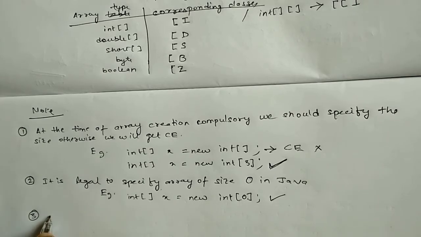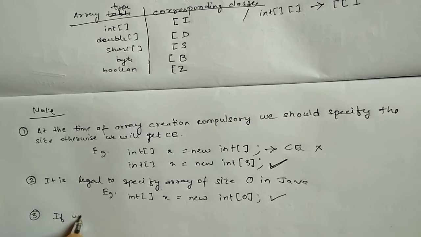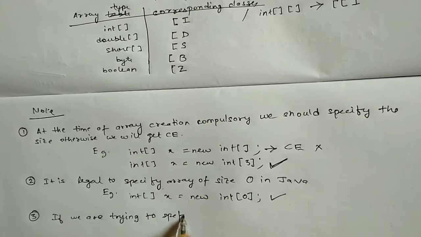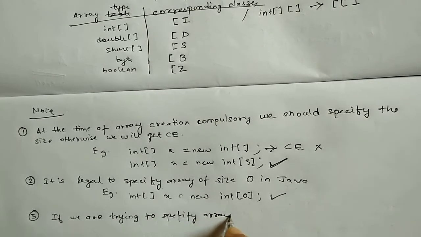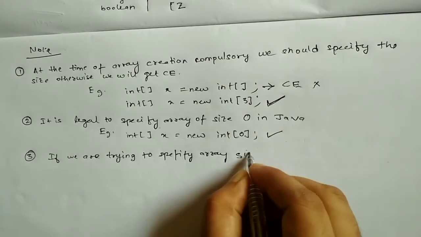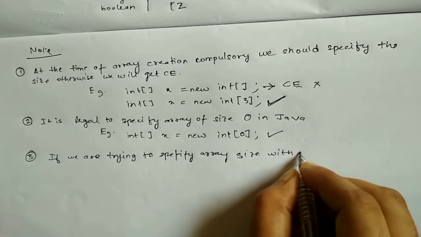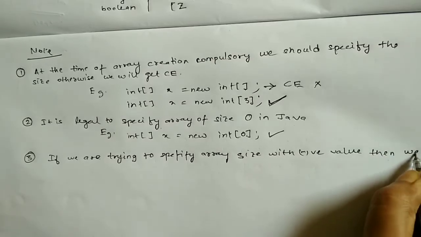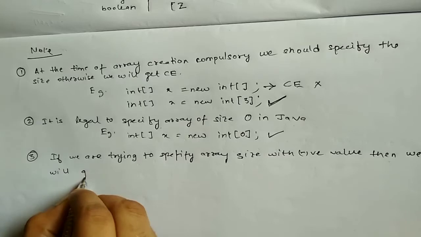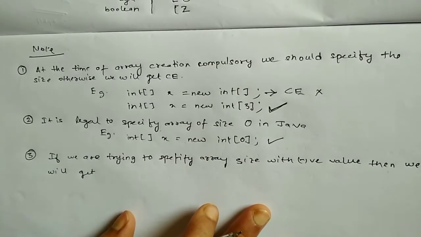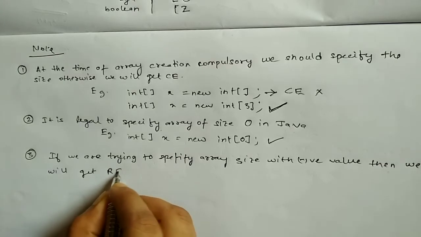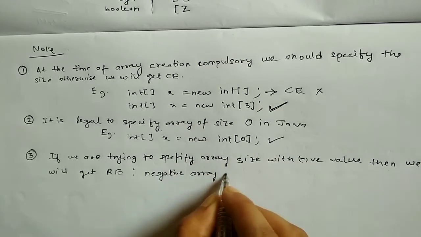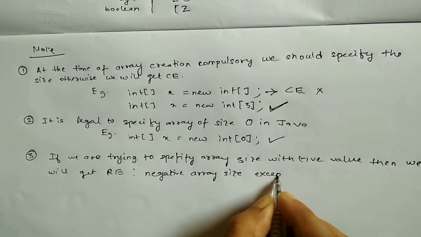So if we are trying to specify an array size with a negative value, then we will get a runtime exception saying negative array size exception.